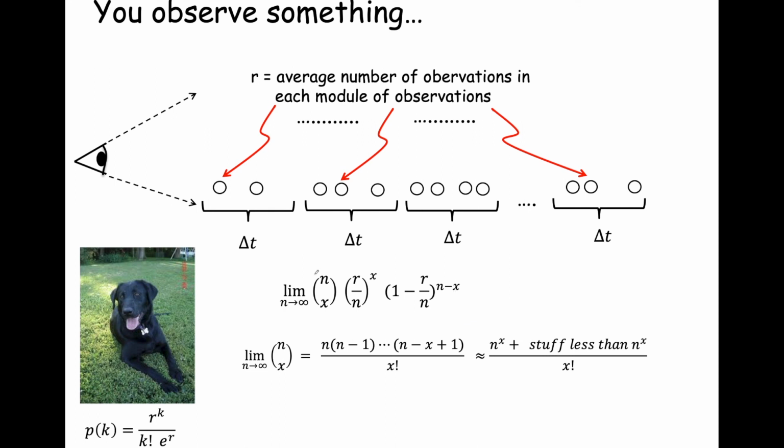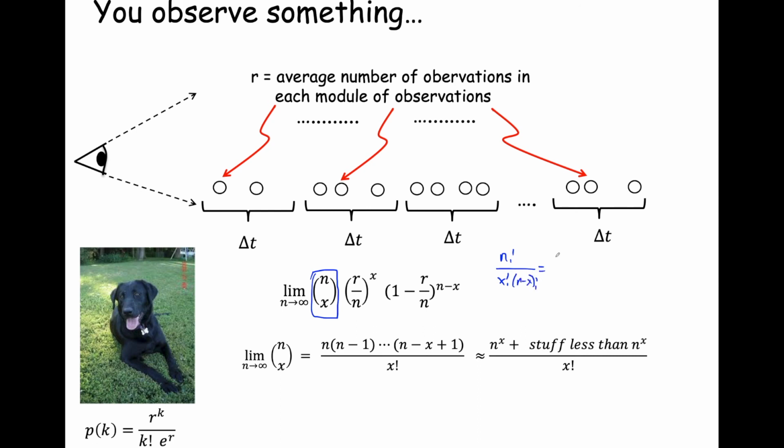So let's look at the limit as n goes to infinity of this first term, n choose x. If we expand what n choose x is, that's n factorial over x factorial times n minus x quantity factorial.